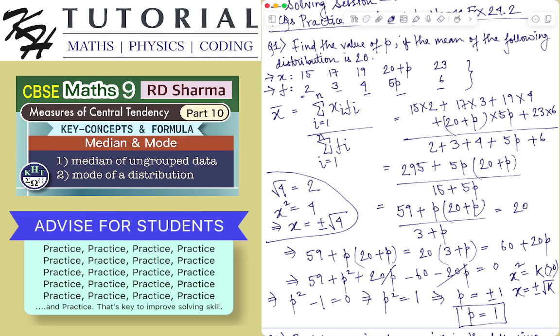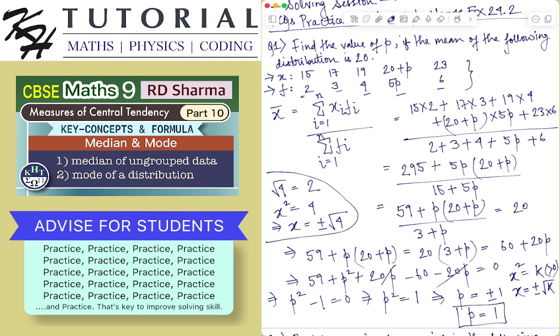Now p could be 1 by 5. That is valid, because then the frequency 5 into 1 by 5 is 1. So wherever the variable is, the expression of that variable for that frequency must be a natural number. So always keep this in mind.